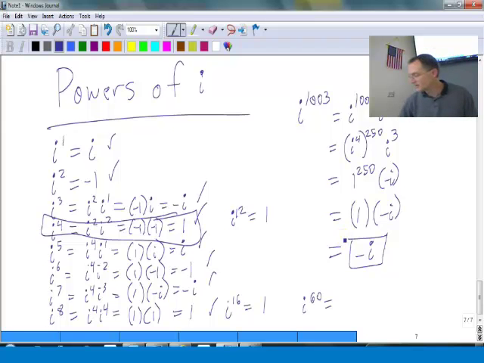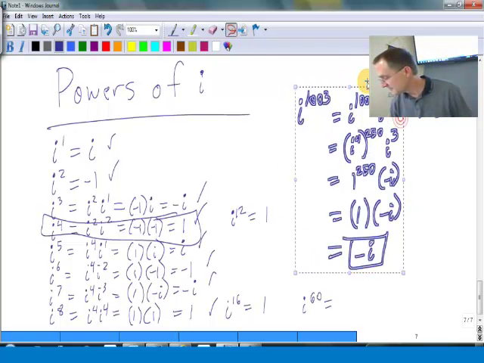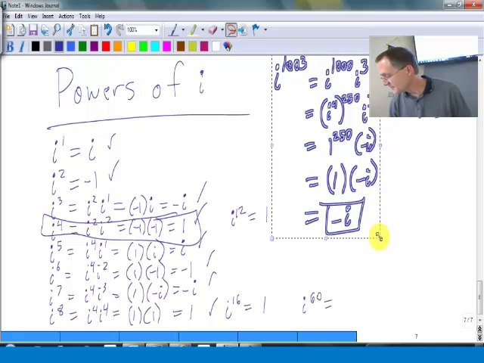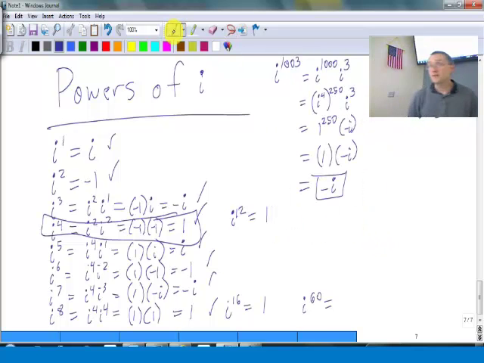There's time for one more. i to the 25th power. Is 25 a multiple of 4? No, but it's a little more than what multiple of 4? 24 or 22?